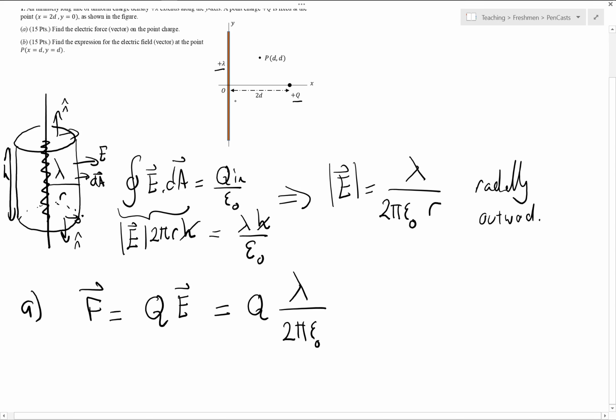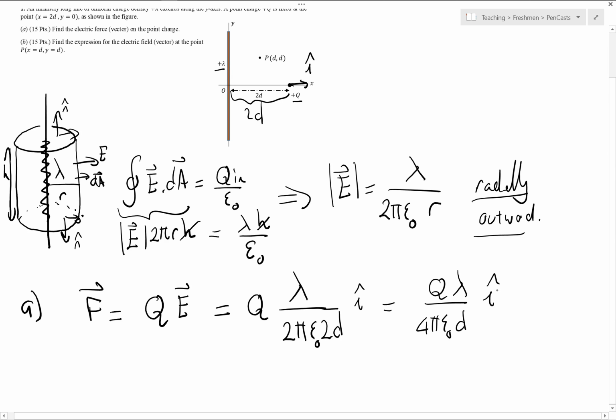R is the distance from the line to the charge, which is given as 2d. How about what radially outward means in this case? On the x-axis, it's just going to give me the direction of the x-axis, the i hat vector. So as a vector, Q lambda over 4 pi epsilon 0 d i hat will be my force vector.